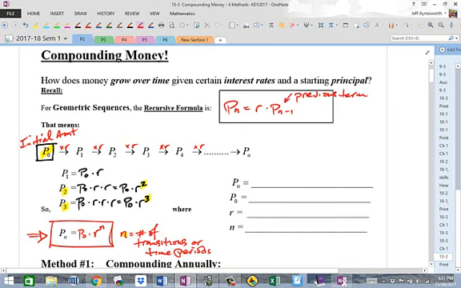In the case of money, when we're talking about how we compound money, p sub n is not going to refer to people or things or sheep or whatever. It's going to represent the future amount of money after n transitions or time periods.